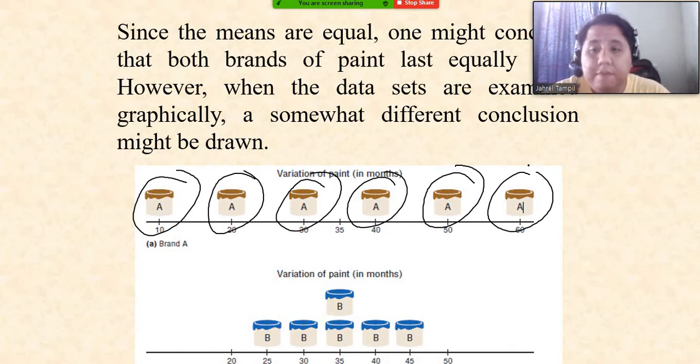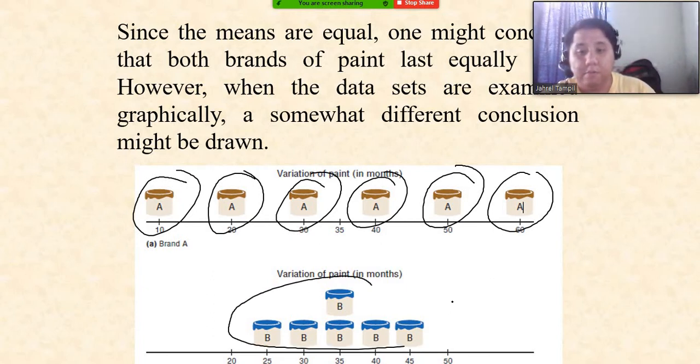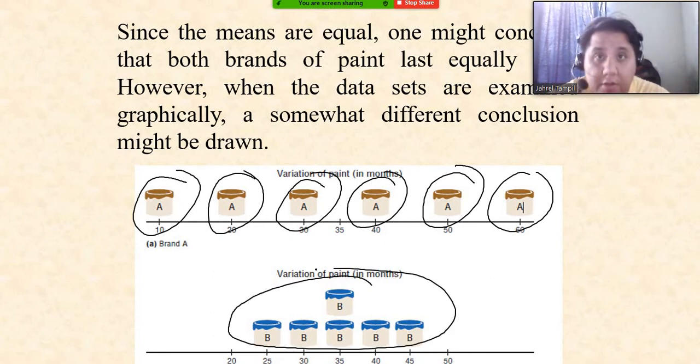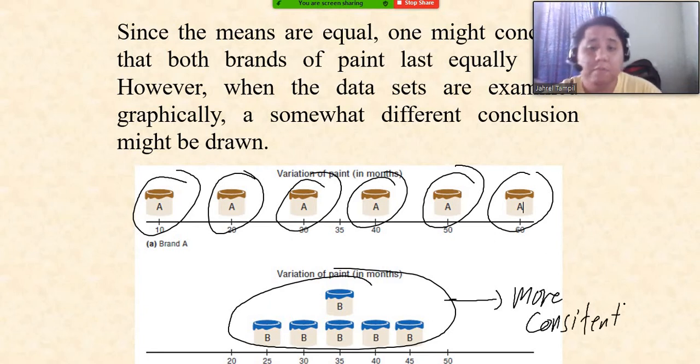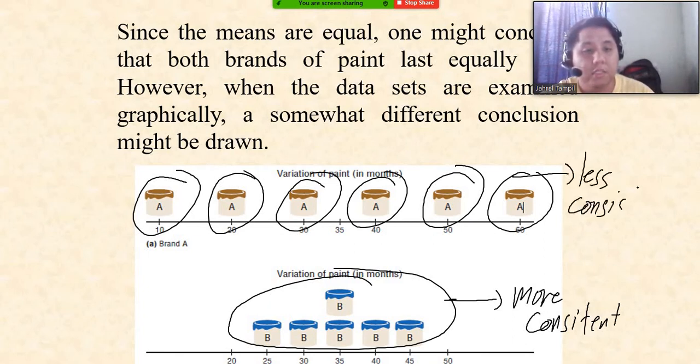Since the different values are far apart, they give off a different impression than the ones in B, wherein they are closer together, and we can say that this one is more consistent. Because more or less they would give similar values, but brand A would be less consistent because the values can be quite different.